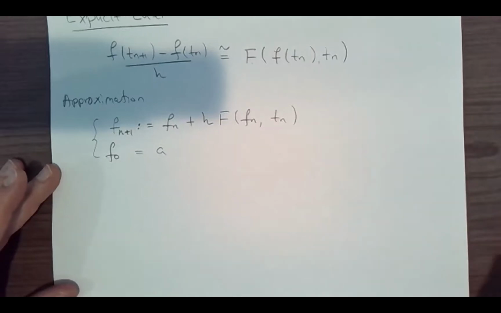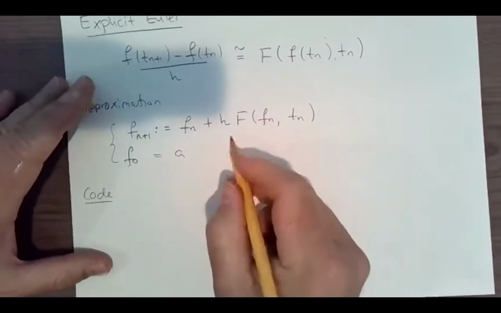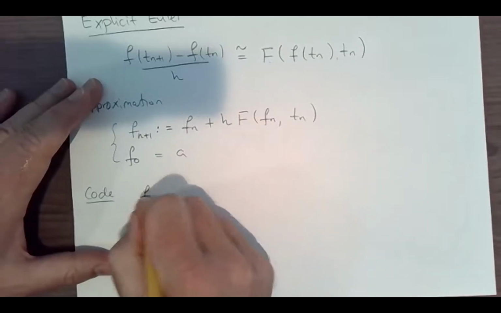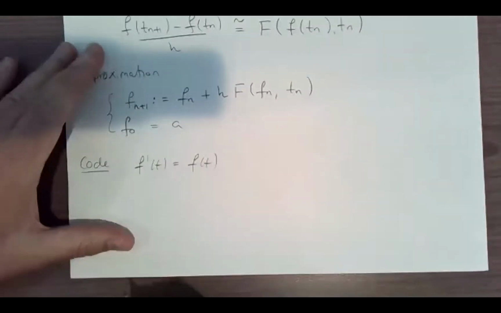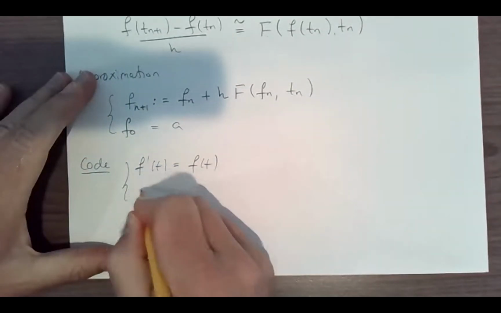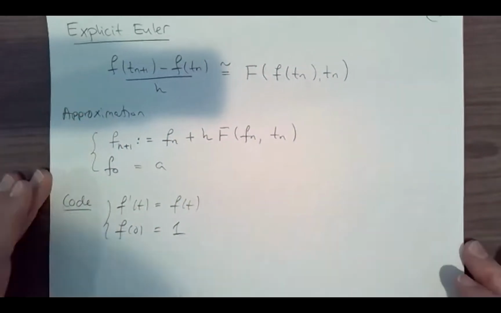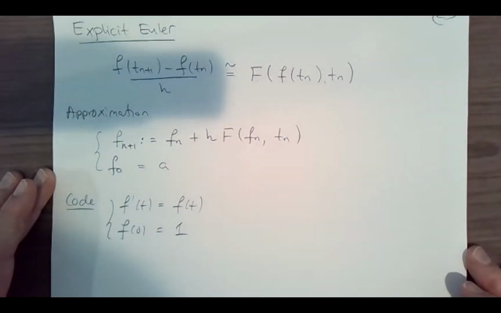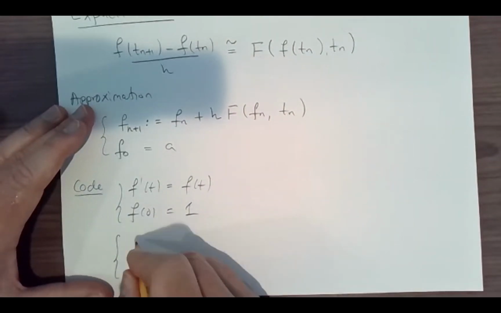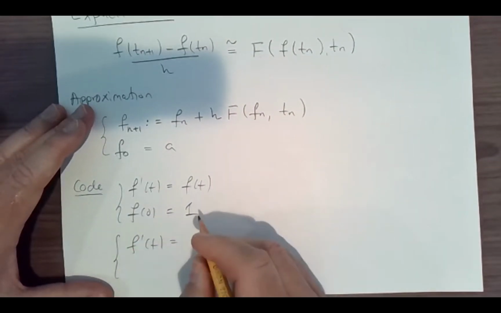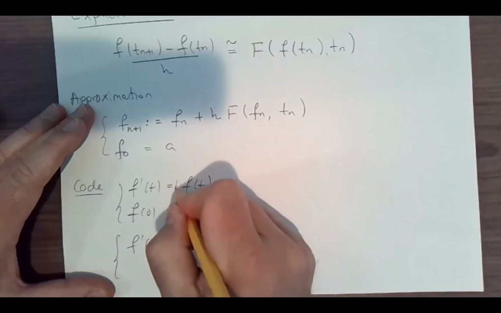So let's look at some code to approximate f prime of t. I think my code is just going to say this is f of t, so this is the exponential function. And the other one we could try to look at is f prime of t, I think I have a 1 here in my code.